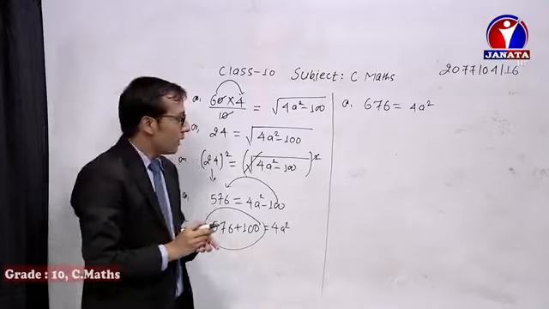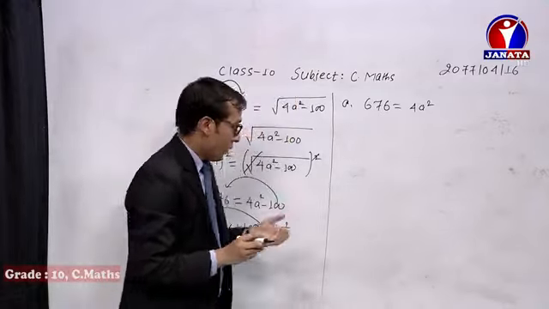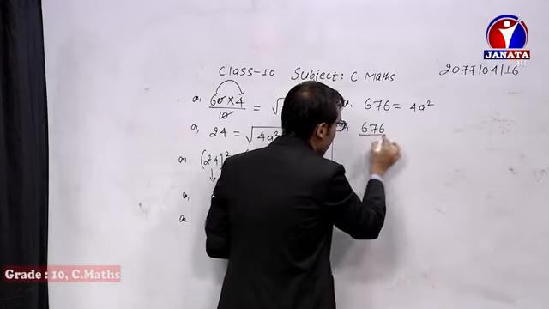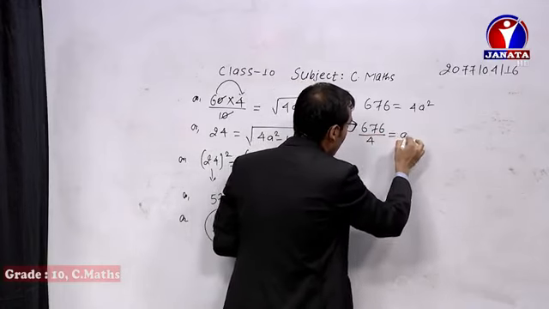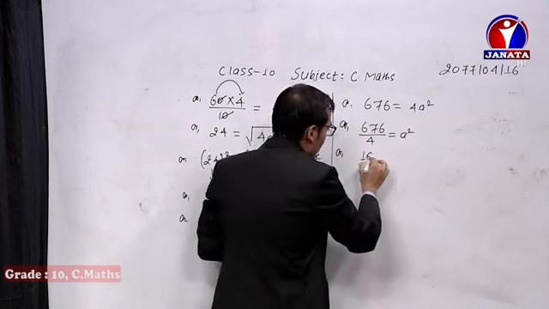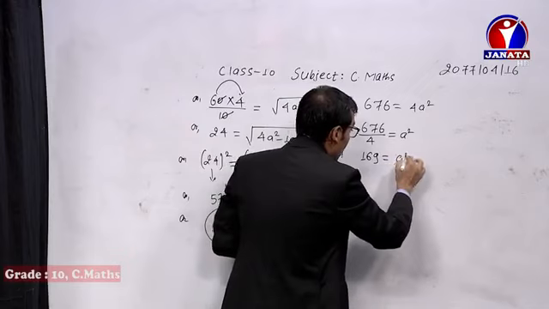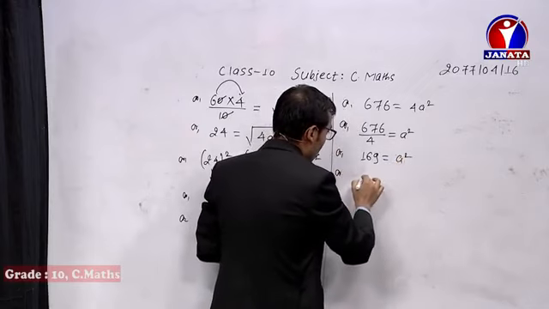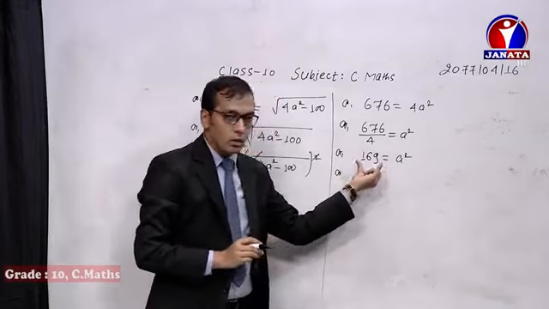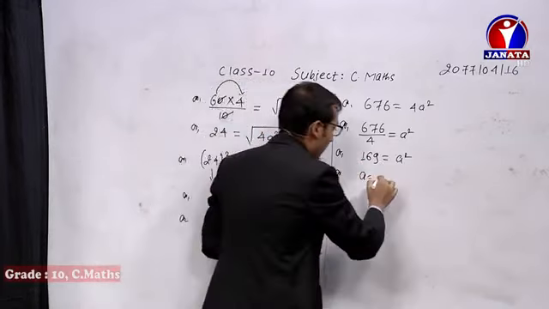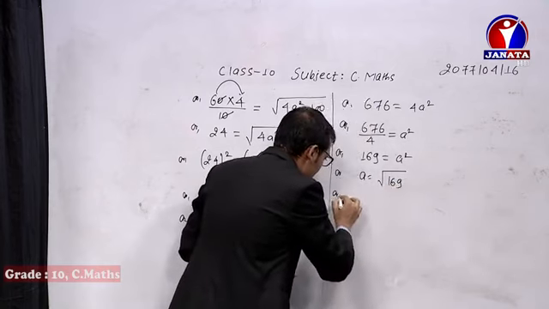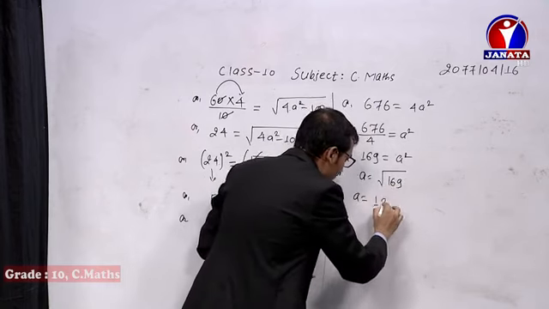Now can we find a square? Yes, we can. 676 over 4 is a square, so 169 is equal to a square, or a is the square root of 169. It is 13.